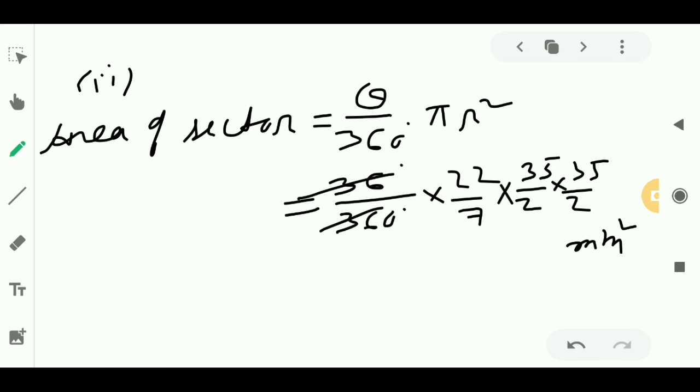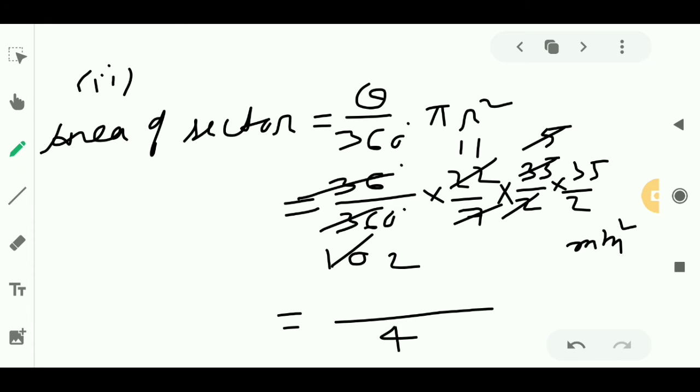Cancellation: 36 and 360, 10; 7, 5 with 2, this one will be 11. In the denominator 4 is there, and in the numerator 35 into 11, which is 385. So the area is 385 by 4 millimeter square.